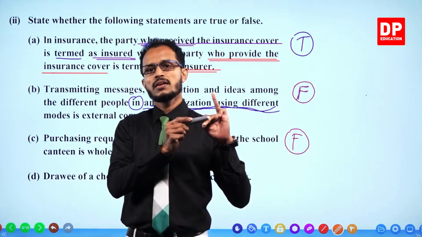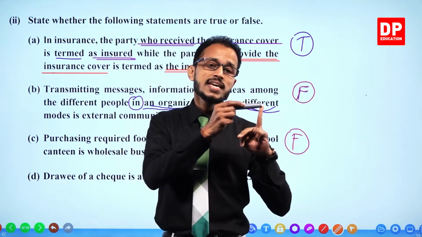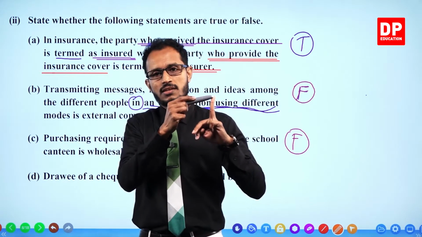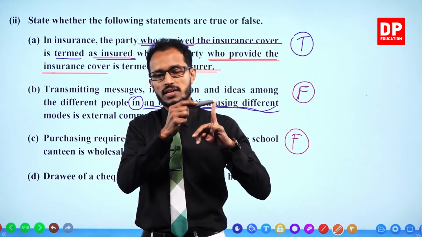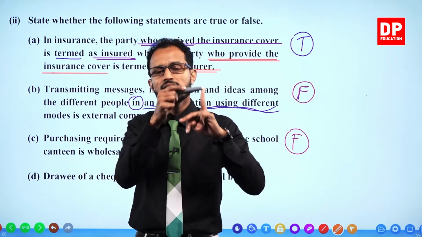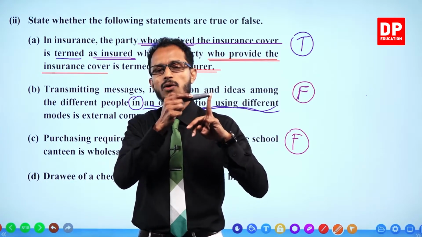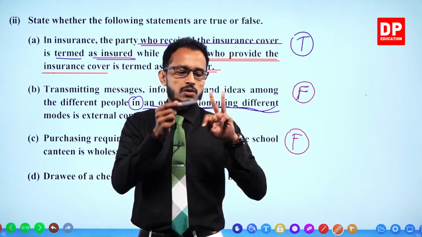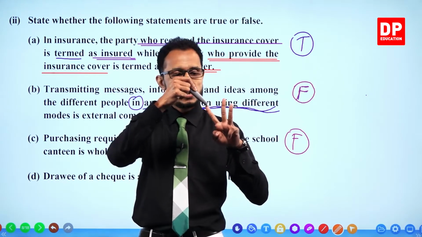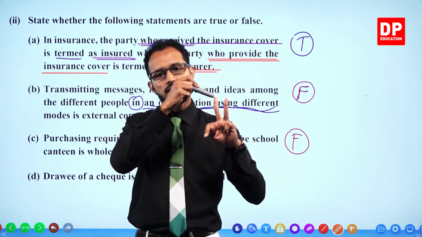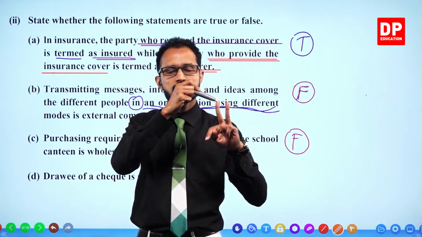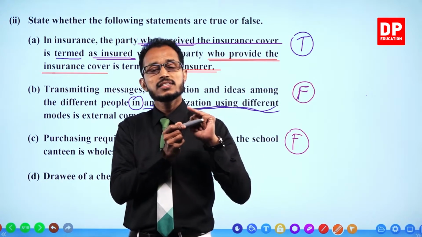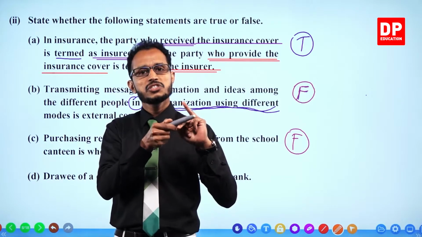The last is the payee, who gets the money with the check, the value mentioned on the check. The payee is the receiver of the check.